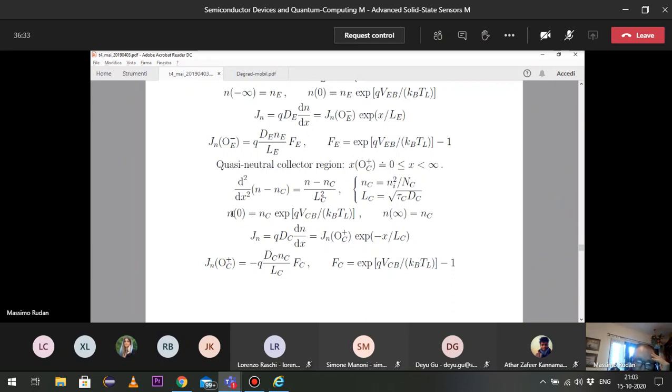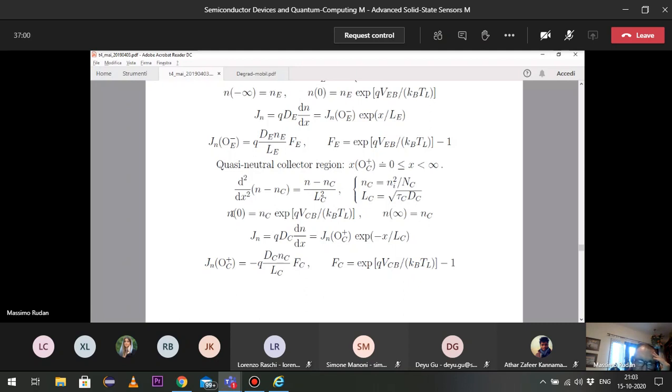okay? But immediately after that, we find that Jn of OC plus is equal to minus Q dC and C over LC times FC. So we have a minus sign, okay, which looks odd.